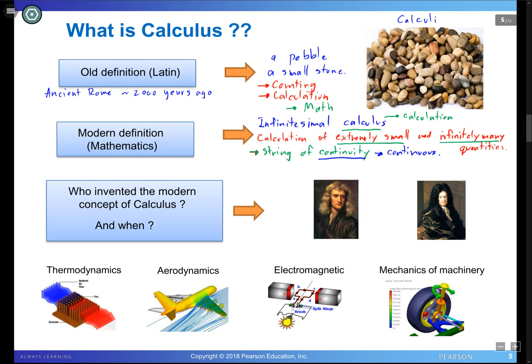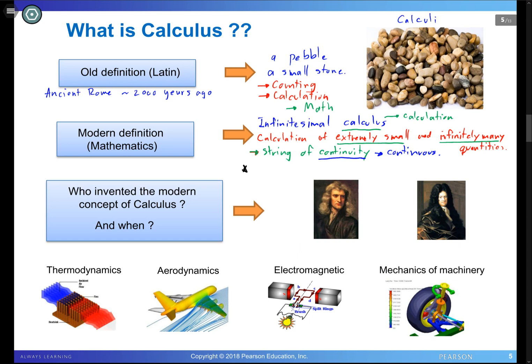All right. In the end, this leads to the modern definition of calculus. The modern definition of calculus is about the branch of mathematics that studies quantities that change continuously. So here's the key word. What about I write it in black? In the end, this is the real modern definition of calculus.